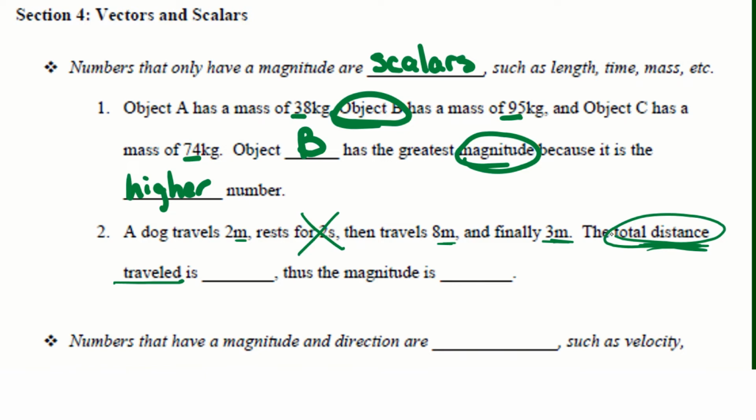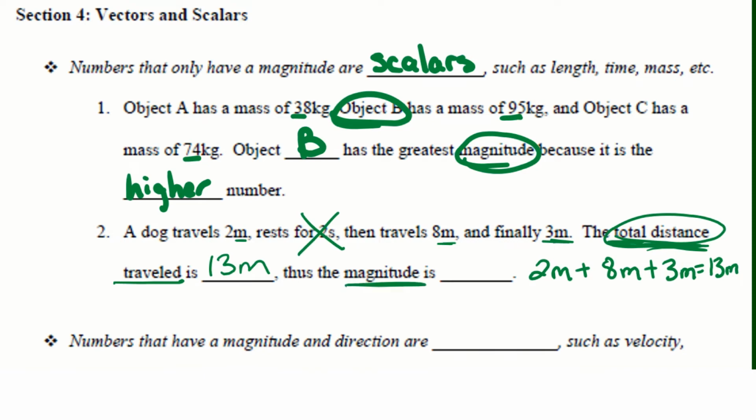In reality, all they're asking you is to add up those distance values. So we would have 2 meters plus 8 meters plus 3 meters, giving me a total of 13 meters.